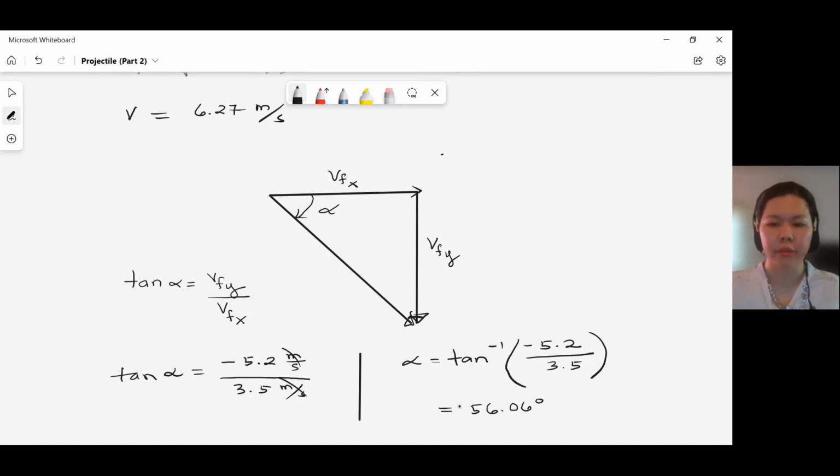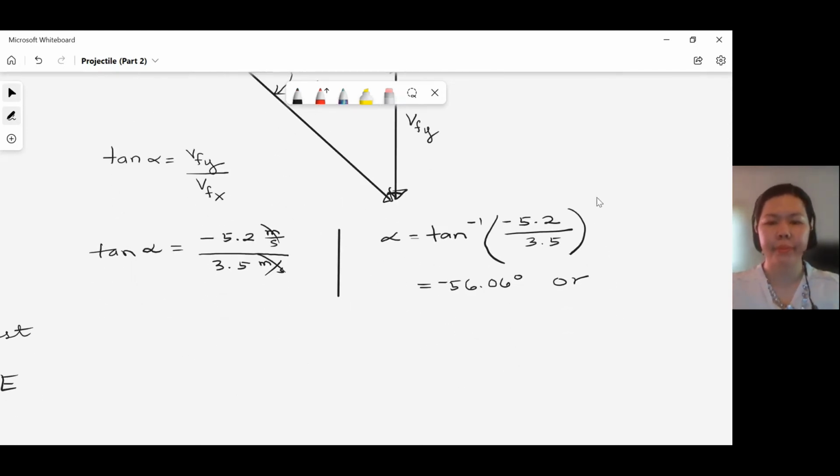This is negative, meaning below the horizontal, or 56.06 degrees south of east.